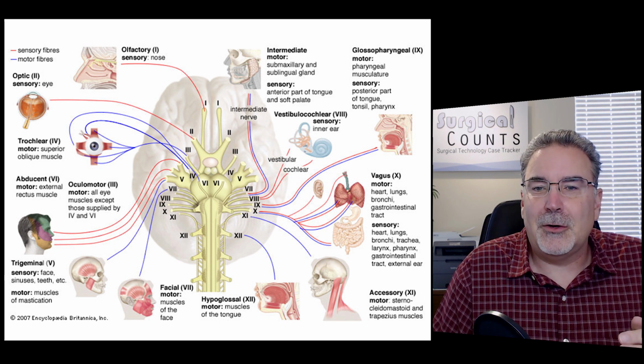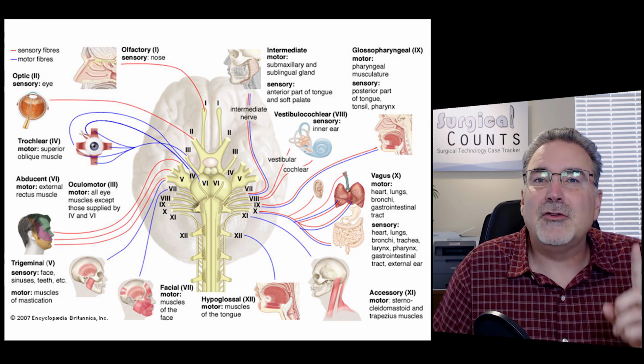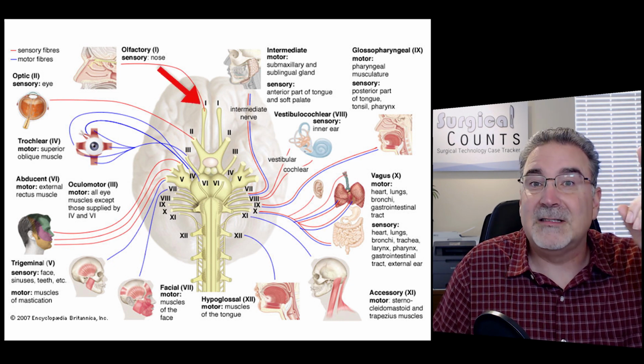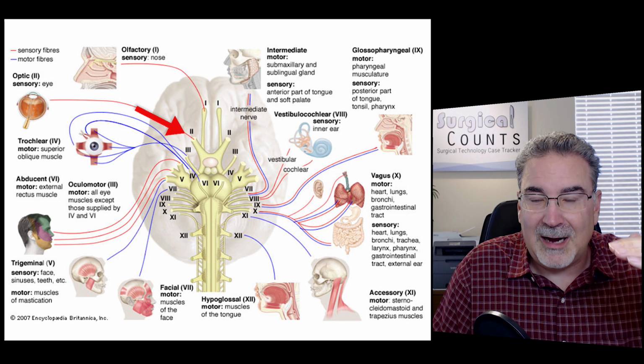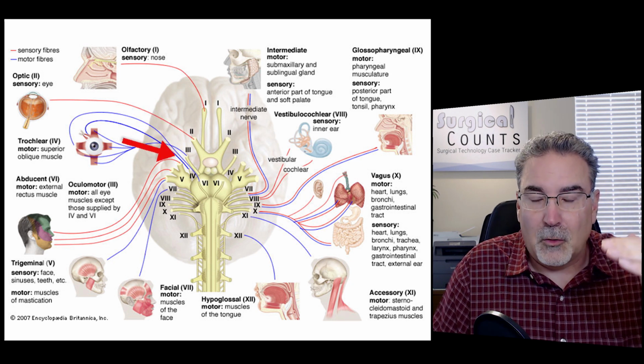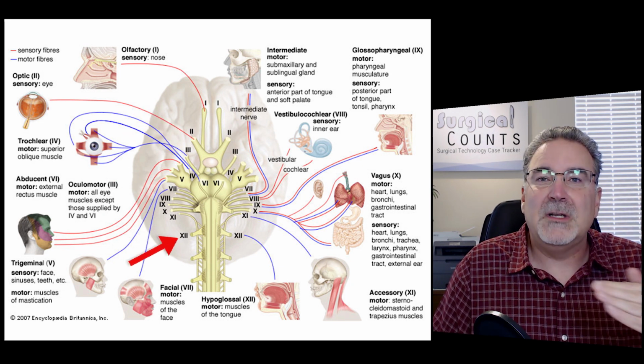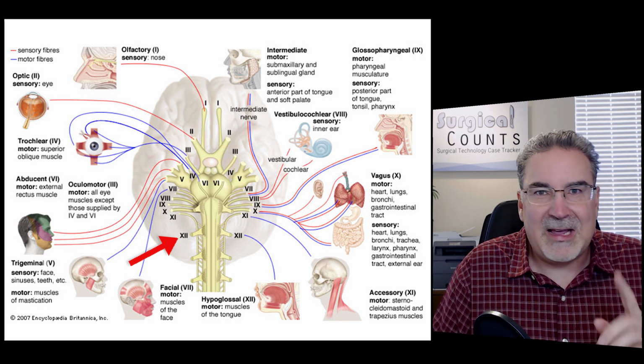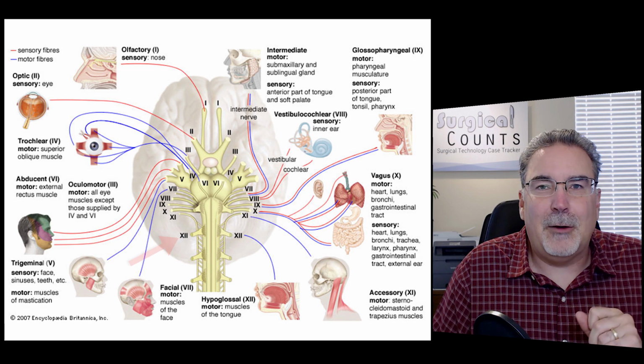But it also shows that those cranial nerves are actually in order, meaning the nerve at the very front of the brain is number 1, the nerve just behind that is number 2, and so forth and so on down to number 12, which is at the very back of the brain. So they're in order from front to back, and remembering that is going to help you out a lot.